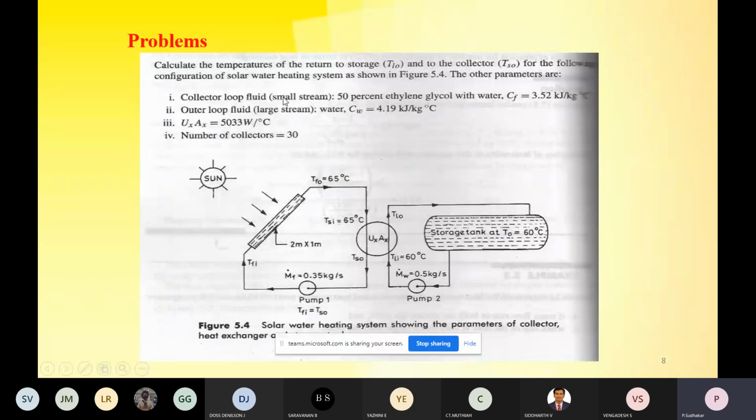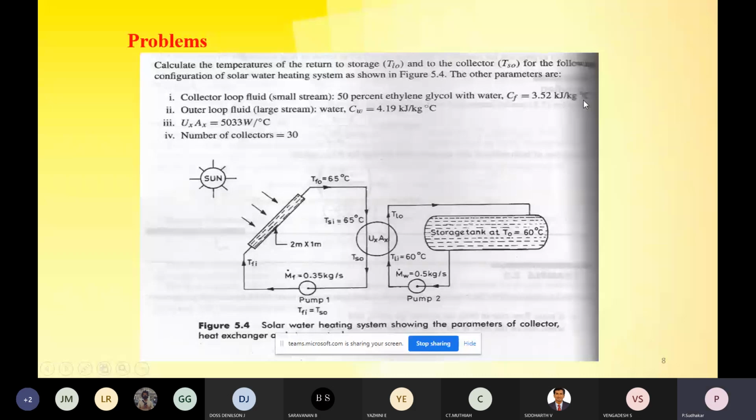The parameters given here are: collector loop fluid, small stream. The collector fluid is a small stream here, and the fluid given is 50% ethylene glycol and water. This fluid mixture is flowing in the collector, and its specific heat is 3.52 kilojoule per kg degree centigrade.